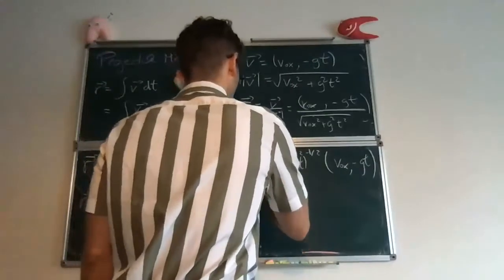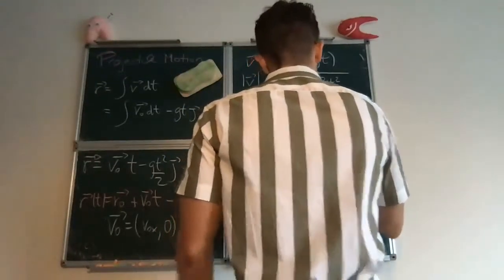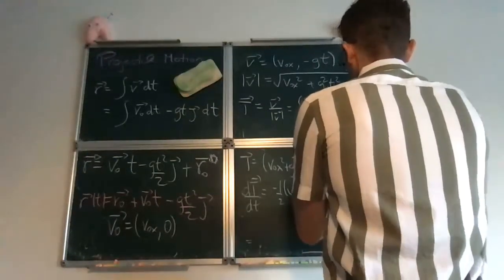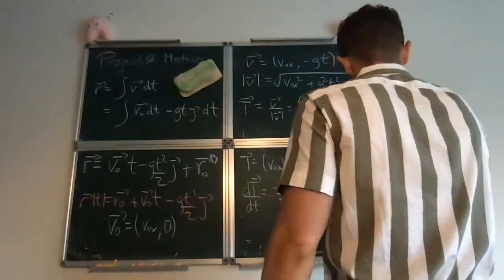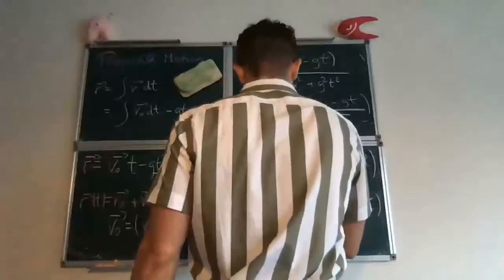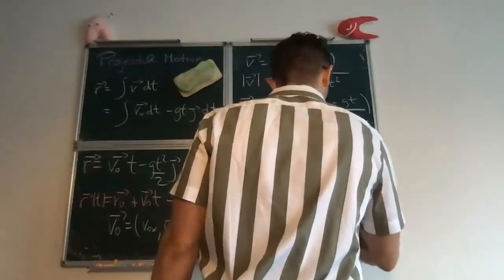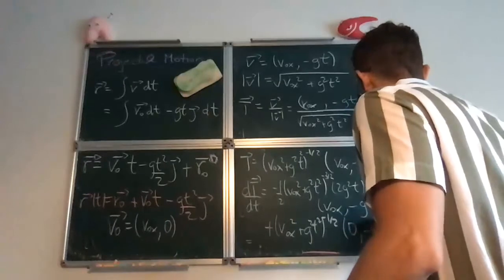So when you find the derivative with respect to time of this thing, it is the derivative of the first one, which is minus 1/2 (v0x squared plus g squared t squared) to the negative 3/2 times the derivative of the interior, which is 2g squared t, times this vector, plus the other factor times the vector (0, minus g).